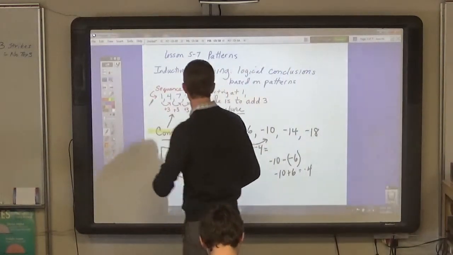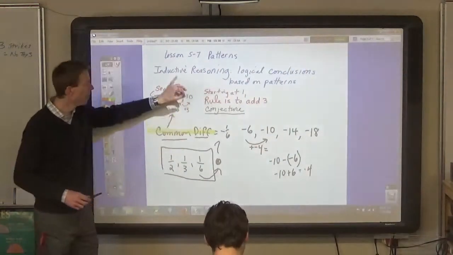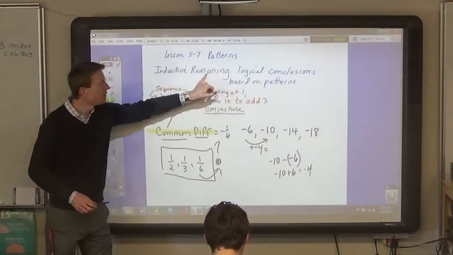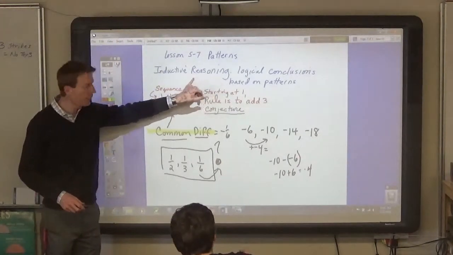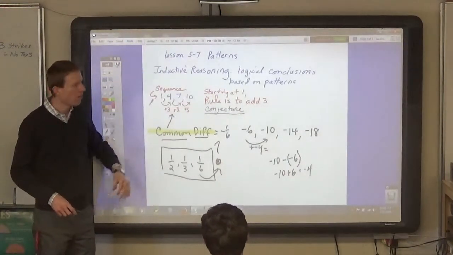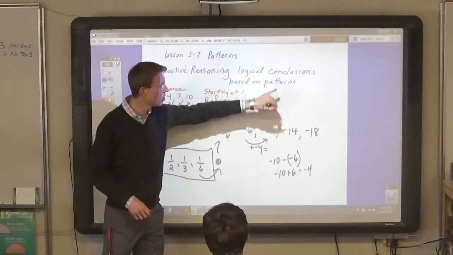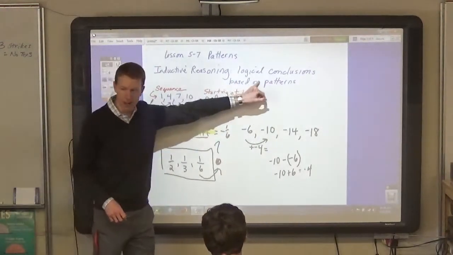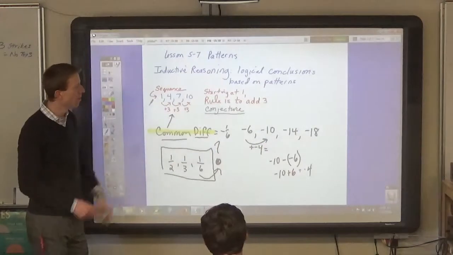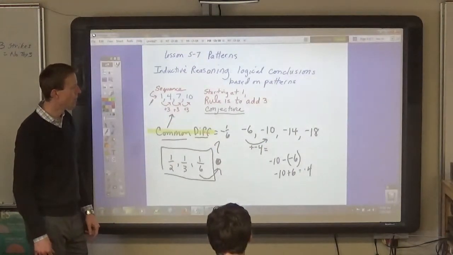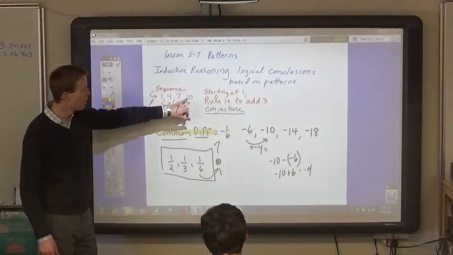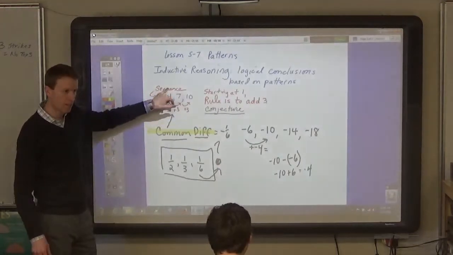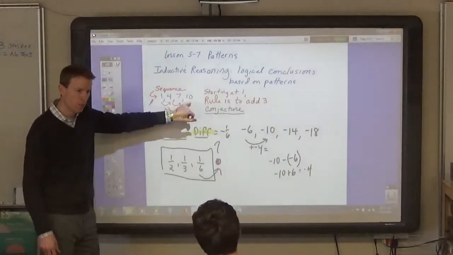Now, inductive reasoning is using logic, or making logical conclusions, based on patterns. Then you're going to be able to write a rule for what's happening in a number sequence. This is a number sequence.